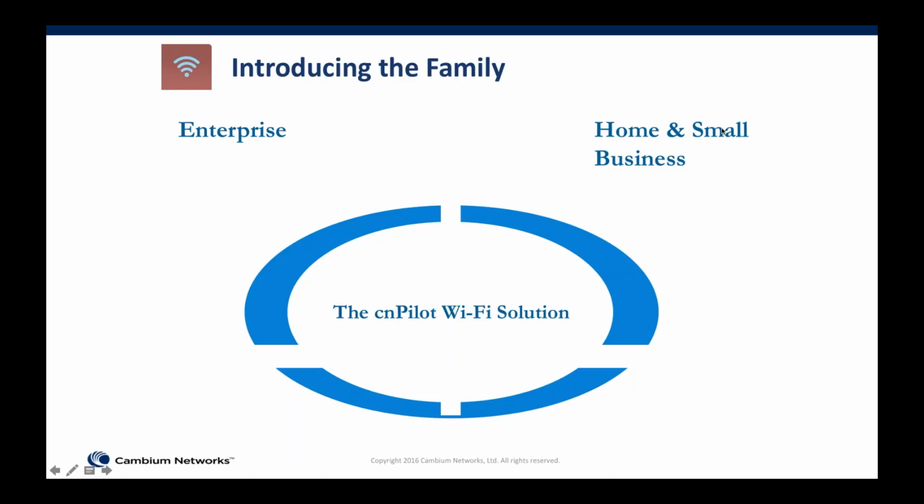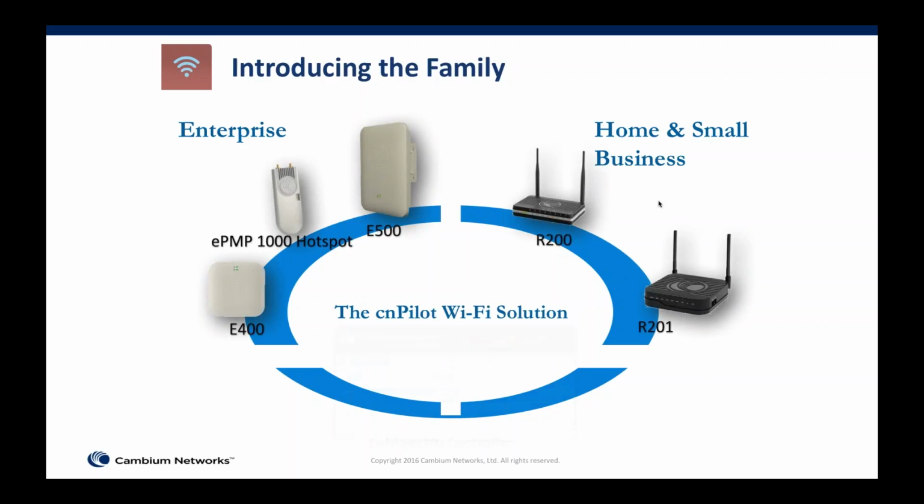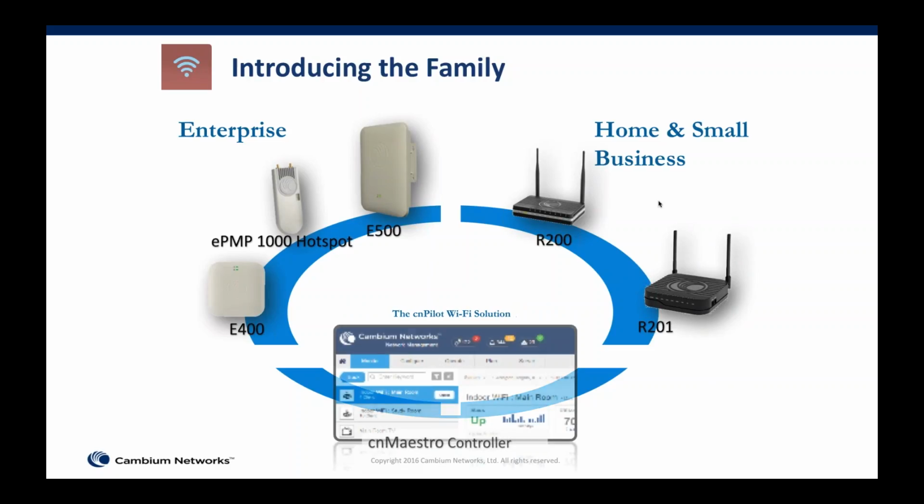So what cnPilot has, and this is just an overview for those who are new to cnPilot, we have two categories of products. We have the home and small business routers and our enterprise class of routers. And today we'll be focusing on the enterprise class of routers. On the enterprise side, we have the E400, the single band ePMP 1000 hotspot, and the dual band 11AC E500, which is an outdoor product.